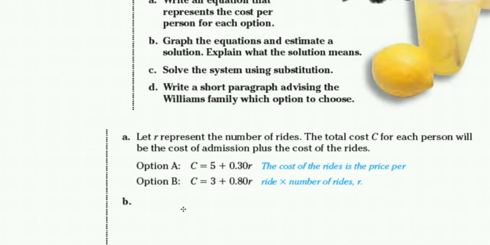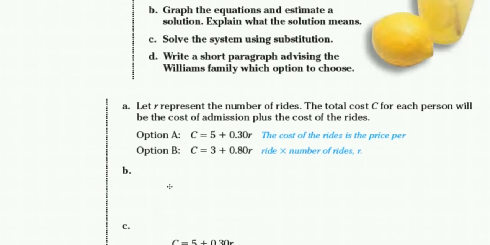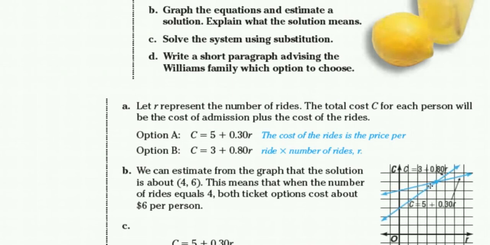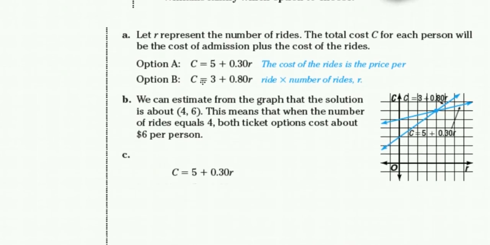Letter B, asking to graph the equations, and if you graph our equations, we can estimate the solution. We can estimate from the graph that the solution is about 4, 6, because if we graph both equations using y equals mx plus b, where this is your y-intercept, and this is your slope, 0.3 and 0.8 will be your slopes, you end up with these two graphs, and this is where they intersect right here, which is around 4, 6.